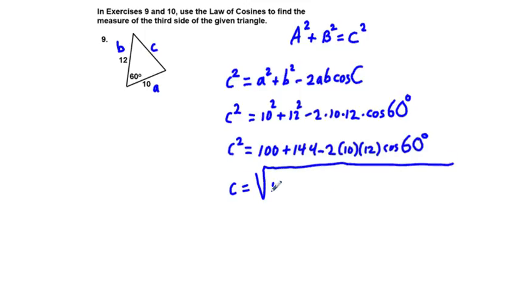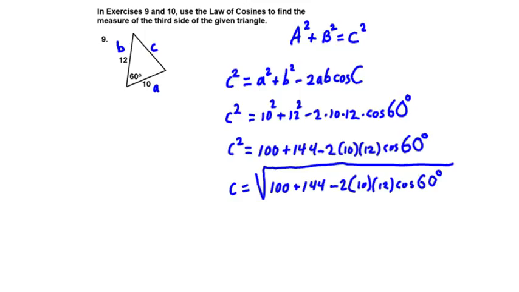So we'll have 100 plus 144 minus 2 times 10 times 12 times the cosine of 60 degrees.